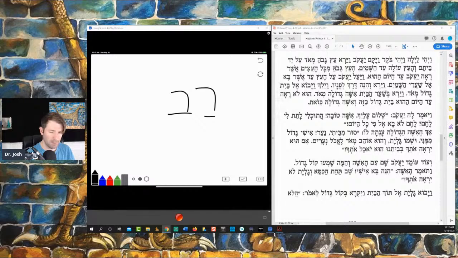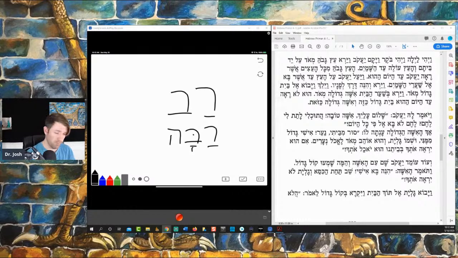Nothing really surprising here. Remember, this is a geminate. It comes from the root ravav, resh bet bet, but it doesn't usually show the two bets. It just puts them together. So that continues in the adjective rabbah.